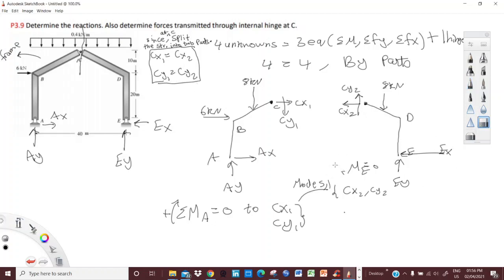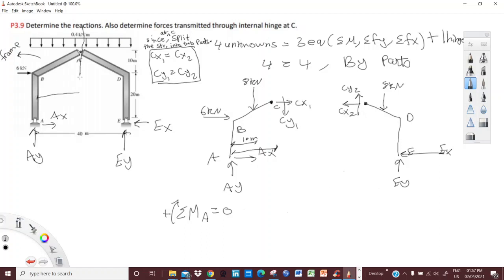So let's start solving it. Right now, moment at A: you have 8 kilonewton downward, and from here to here is 20, therefore the half is 10 meter, since this load is uniformly distributed and concentrated in the middle.